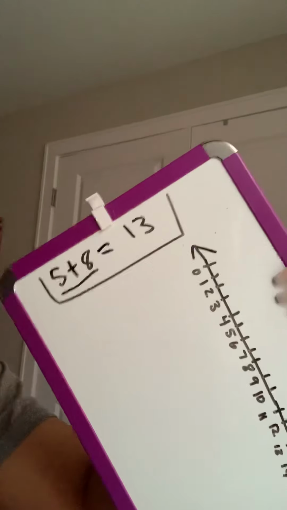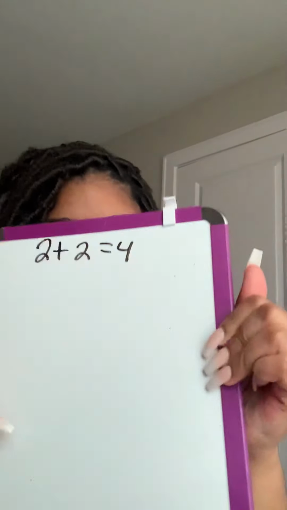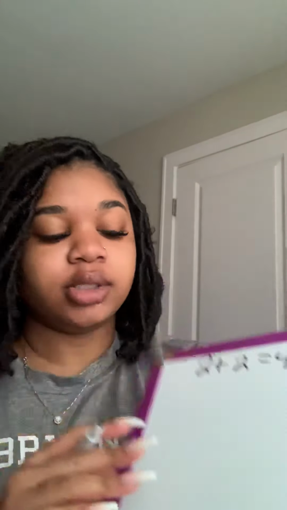Okay, so let's do another one, just so I can break it down a little bit more in depth. So this time we're going to do 2 plus 2, and 2 plus 2 is 4. So this time will be the same exact thing. So draw your number line to 15.